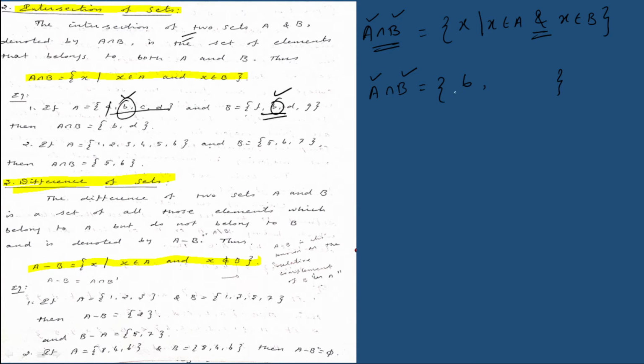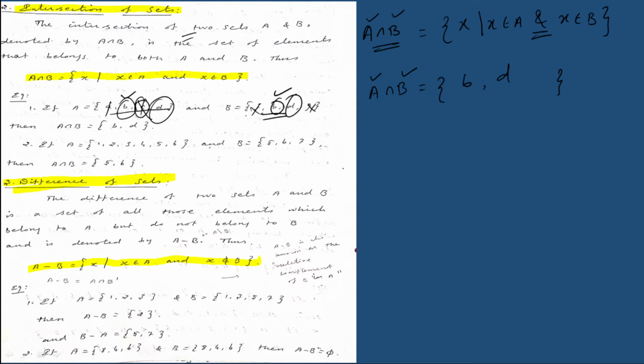Next, c is only an element in A, so leave this. Next, d is an element of both A and B, so you can take it. And f and g are elements of B alone, so leave these. So A intersection B consists of only b and d.